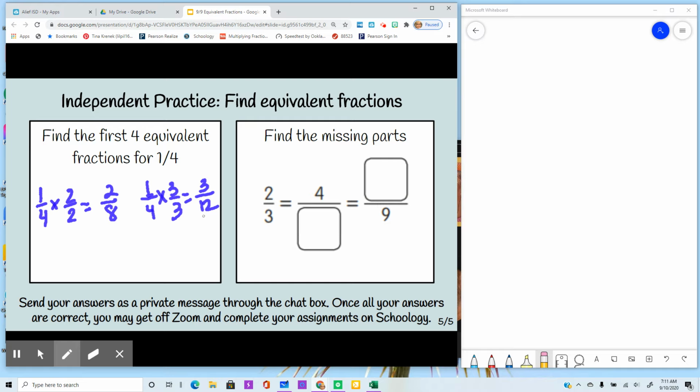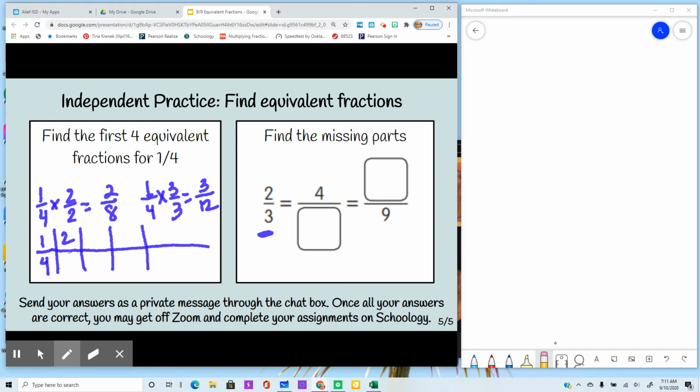So when we're looking at this example here, we're always going back to the 2/3. It's not to the 4, whatever this equals. We always go back to the original fraction. So if you want to do it by the table method, they want to know the first 4. 1, 2, 3, and 4.